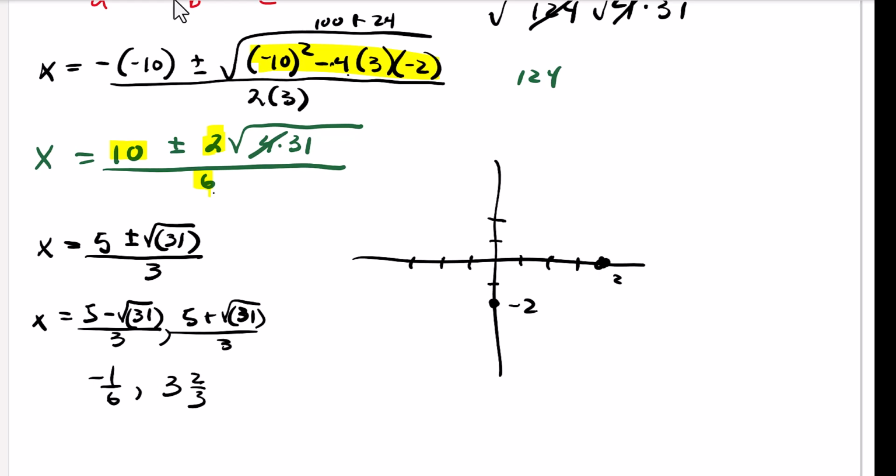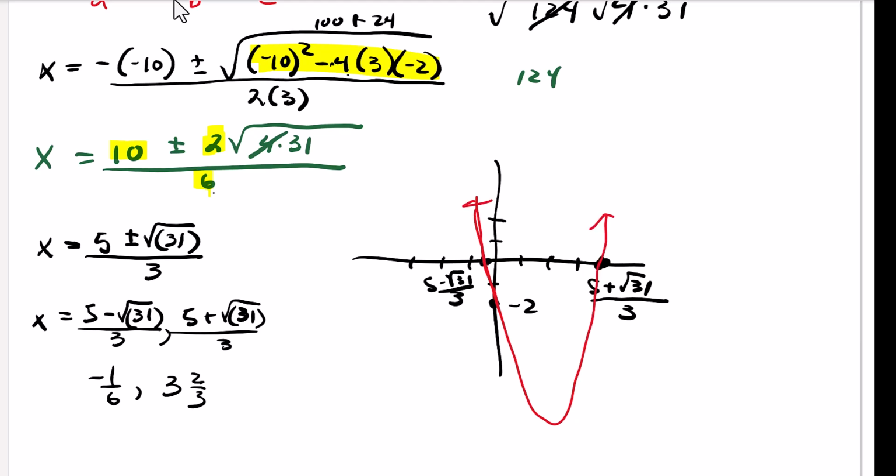Well, we wouldn't write it that way, though. We would say 5 plus root 31 divide 3. And then right there is 5 subtract root 31 divide 3. And then this graph is doing something like this.